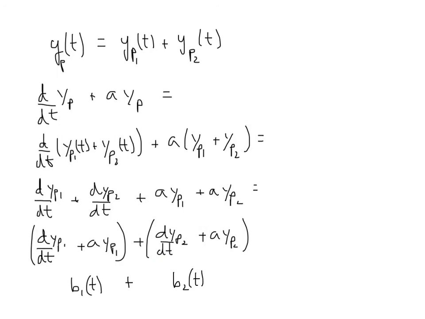And so the way we're going to solve our differential equation is to find our particular solution in two parts. And in the next video, I will do each of those two parts separately. Okay? Thank you.